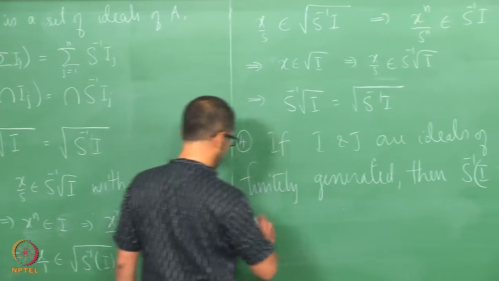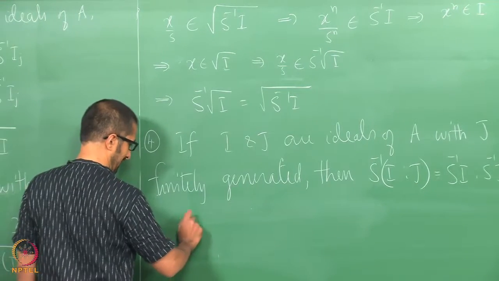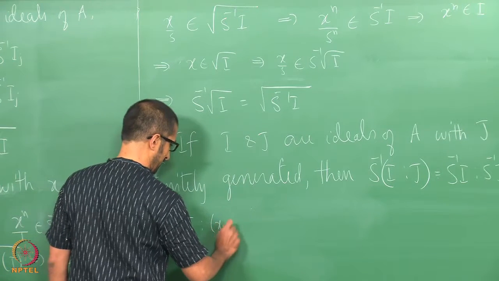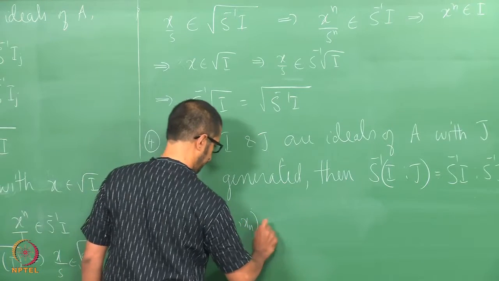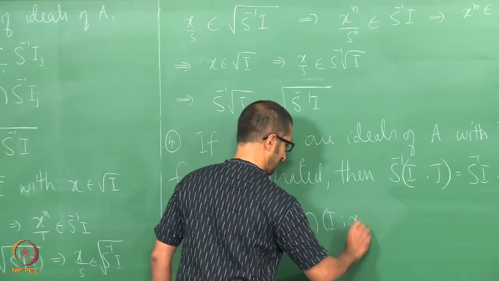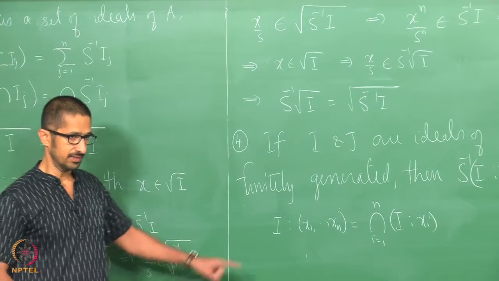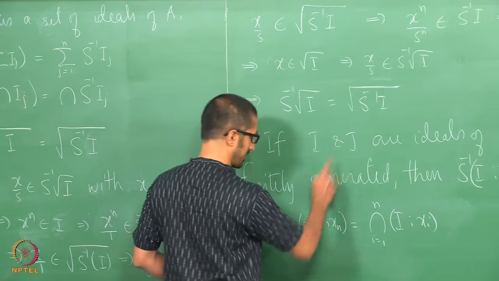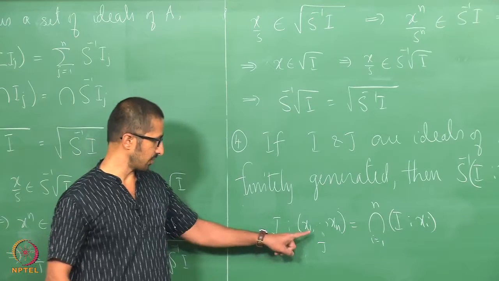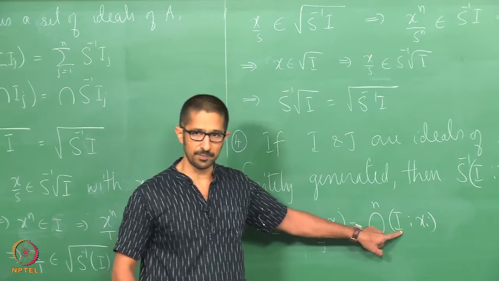So, this I will leave as an exercise. Because if I take I intersection an ideal generated by x1 up to xn, this is the same as intersection of I from 1 to n. Okay. If J is finitely generated, let us write this J like this, then I colon J is the same as intersection of this form.